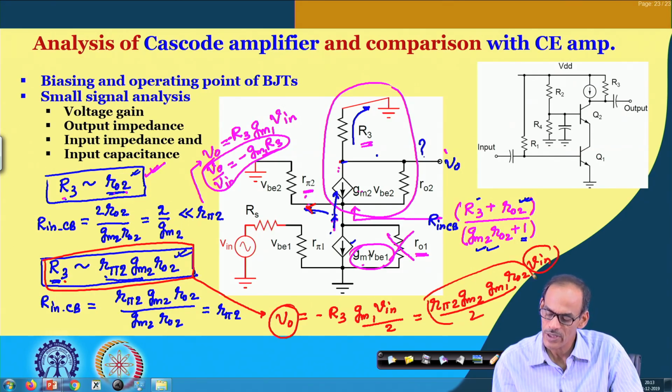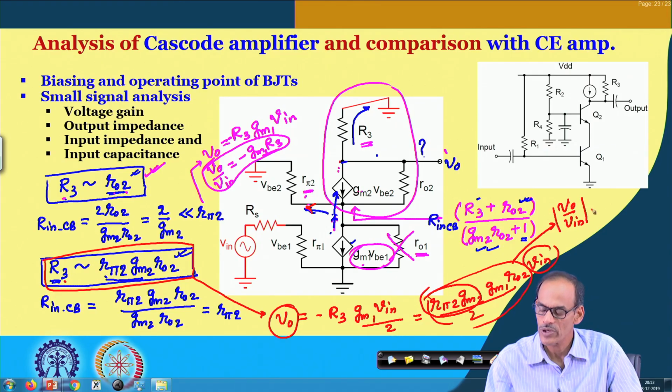In fact, if you see here, this part is beta. So, we can say that the corresponding gain V O divided by V in, if I particularly keep the focus on gain magnitude, is beta of transistor 2 by 2 G m into R naught.